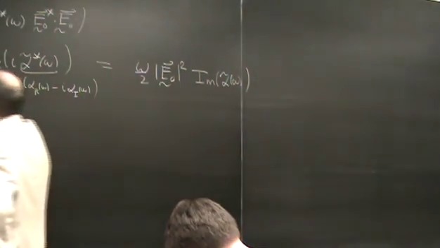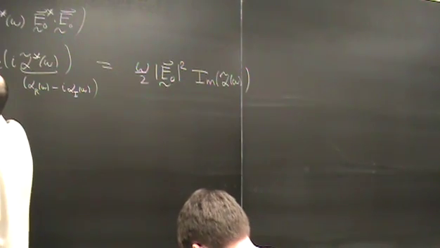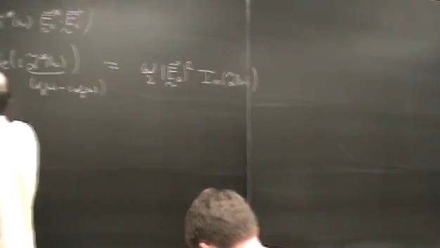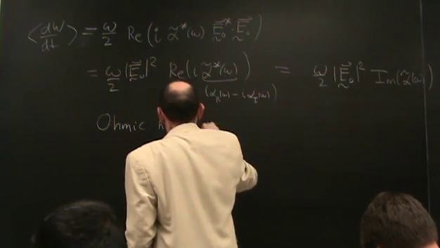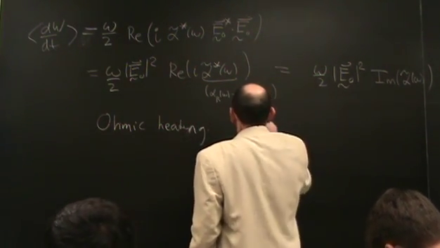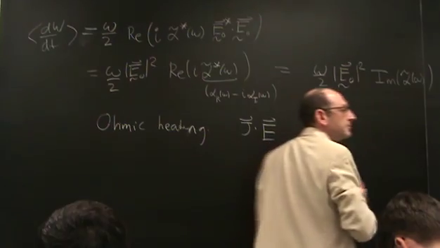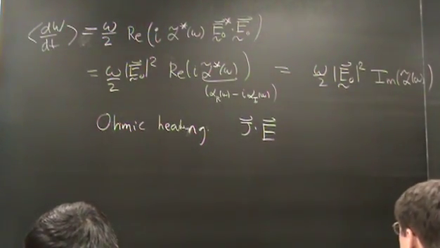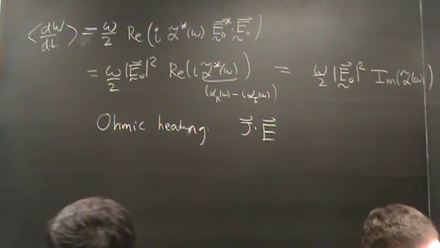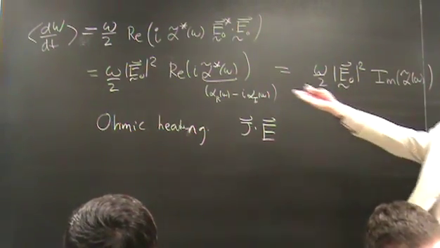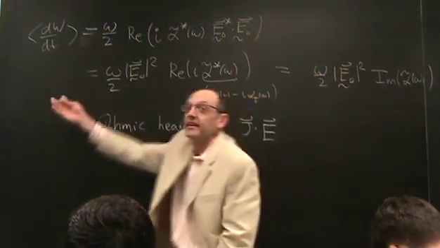So remember that we have the ohmic heating, which was J dot E. That's the rate at which I do work per unit volume, right? It's the same thing that we just wrote down there if I just divide this.